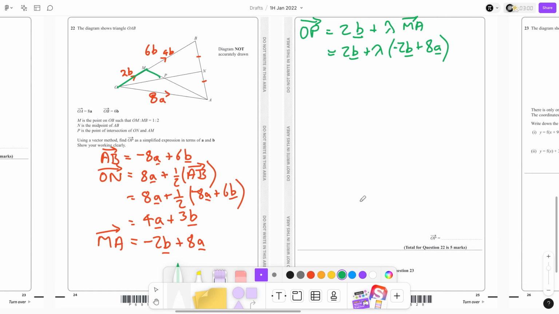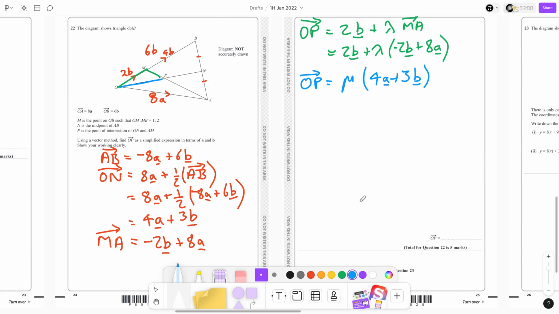So that's one way. The other way is that we just go a fraction along here. So OP also equals mu, the letter that we use, along ON, and ON we know is 4A plus 3B.